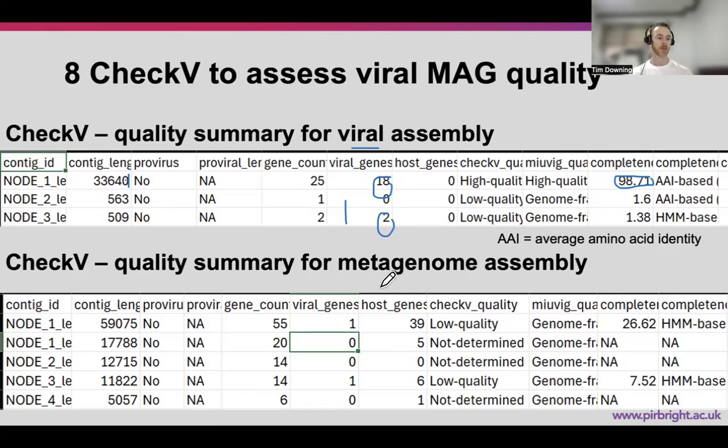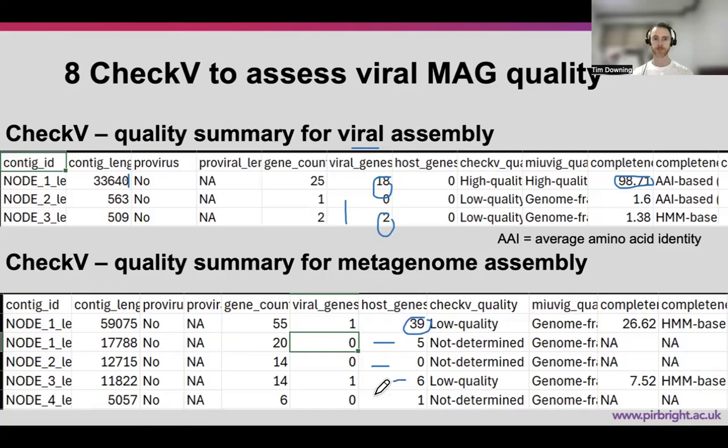For the metagenome assembly, what we can see is that this is somewhat different: there are many host genes in the first contig, and there are some in the other contigs. This contig, node 22, is quite different in that it has no viral genes nor host genes.